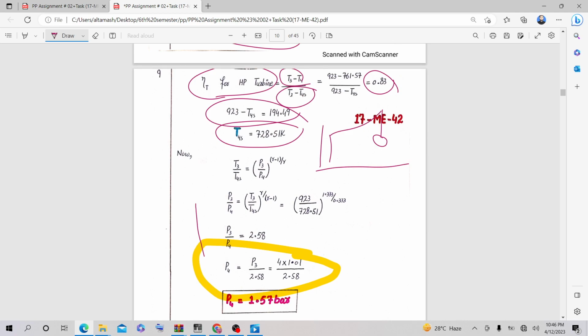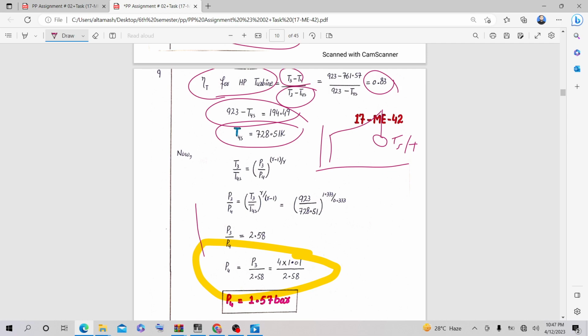But fortunately, it is given in the question. Now we know T4s by the relation of isentropic efficiency for the high pressure turbine. By this relation, I will get temperature Ts and T at the output of the high pressure turbine.